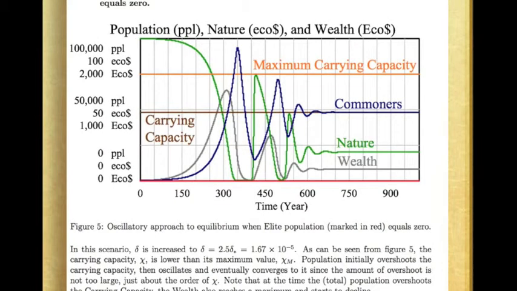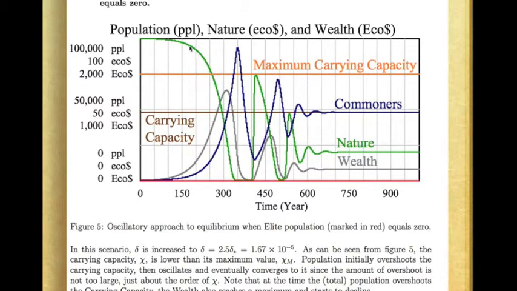So that's one scenario. This is a second scenario, and this happens when you start consuming at a delta that is 2.5 times the sustainable delta, or the delta that maximizes. And when you do that, what you can start seeing is that you actually get this phenomenon of overshoot, where you exceed your carrying capacity, and then the system self-regulates.